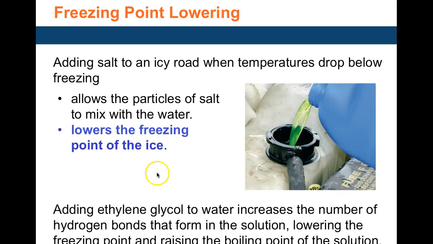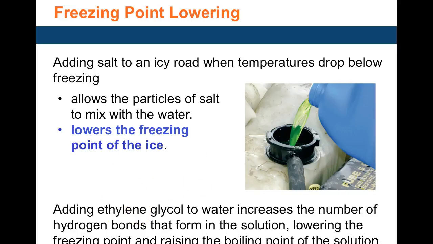Similarly, the more particles of salt you have in water, the more it will depress the freezing point, way lower than 0 degrees centigrade. Ethylene glycol is added as an antifreeze to the gasoline so as to keep it from freezing in cold weather.